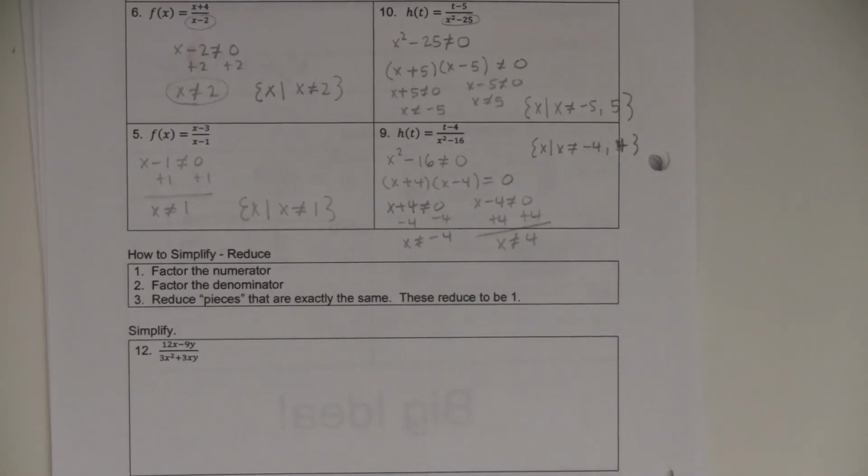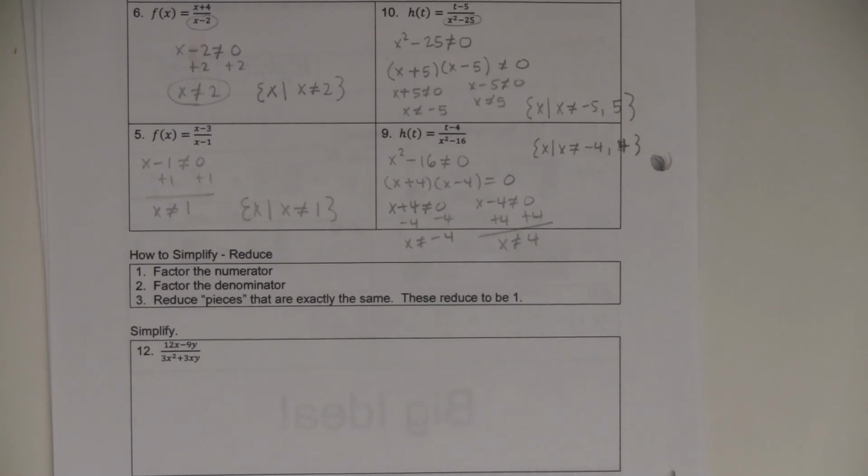I'm going to look and see what they put in the book. Probably simplify there is what they're writing in the book, and I think I probably put reduce out so that you know that is another word for simplifying. The way that you can simplify these, and this is the very first way that you learn to simplify a fraction, way back whenever you learned about fractions, and that was to factor the numerator, and they would say prime factor the numerator because they didn't give you anything other than a monomial.